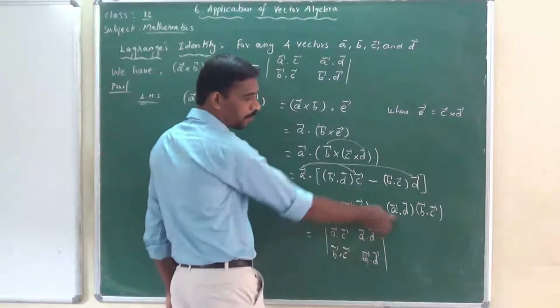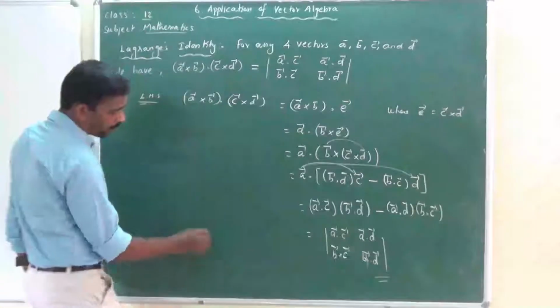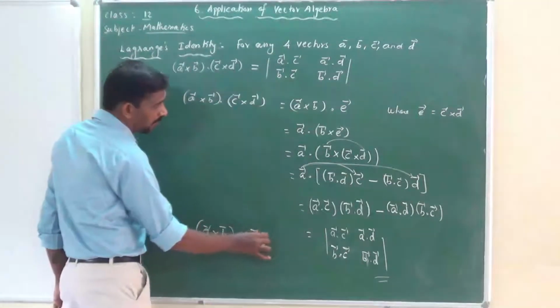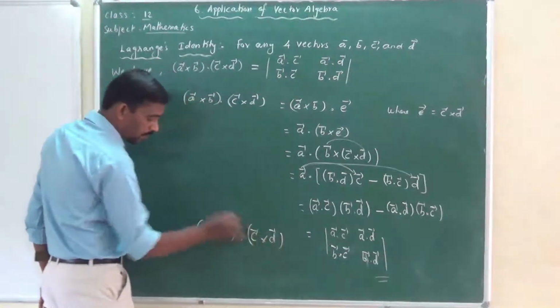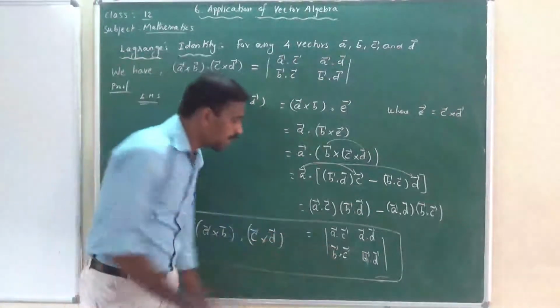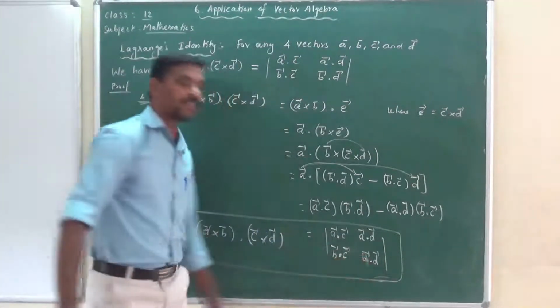So you see the cross multiplication in this one, we can write in the determinant format. Therefore, A vector cross B vector dot C vector cross D vector is nothing but the determinant of A dot C, A dot D, B dot C, B dot D.